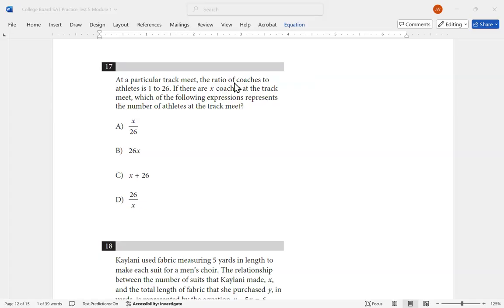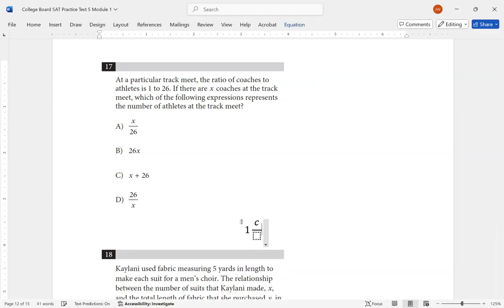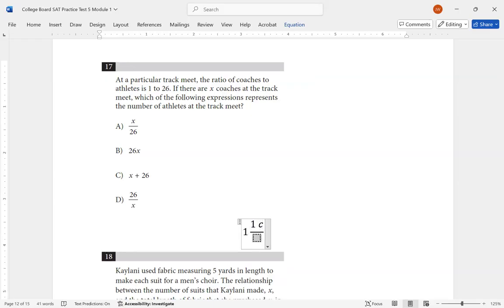Well, if coaches to athletes is 1 to 26, think of that as the ratio where one coach is the same thing. Let me put that. One coach is equal to 26 athletes. I'll just put C and A for the labels there.